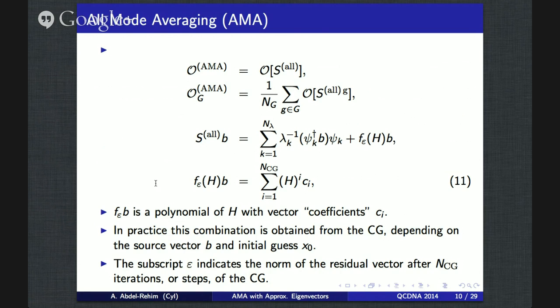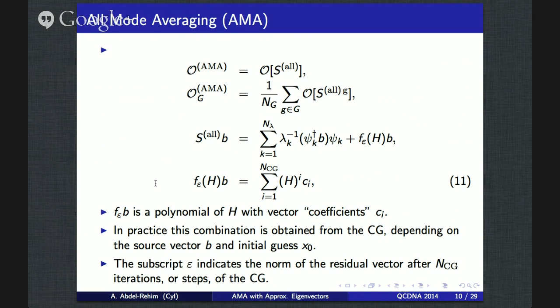So your propagator S acting on some source B will be given by basically the contribution coming from the low eigenmodes plus the contribution which is described by a polynomial of the Dirac operator. This polynomial to a certain degree is basically the CG polynomial. So you do some iterations of CG, which is equivalent to some polynomial with some coefficients. Of course, we don't know explicitly what these coefficients are, and at the end you get an approximation of the propagator, and you plug the propagator in the correlation function, and this is what you call your all-mode averaged correlation function.